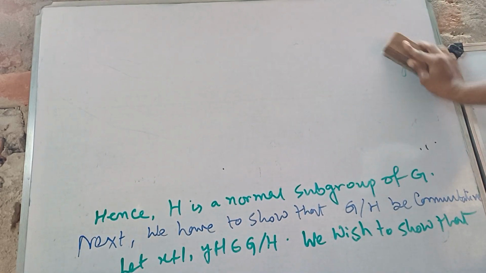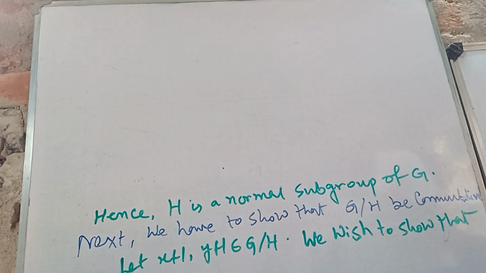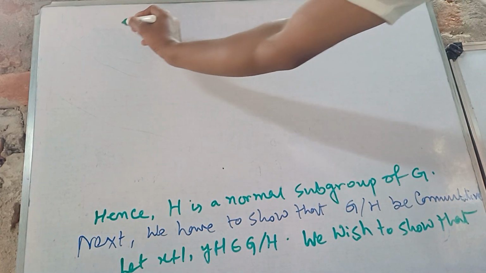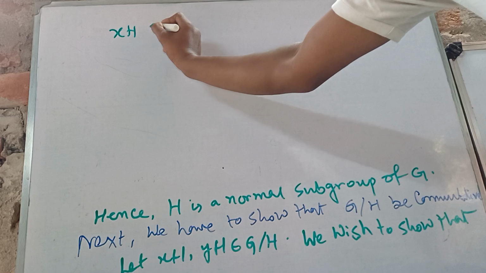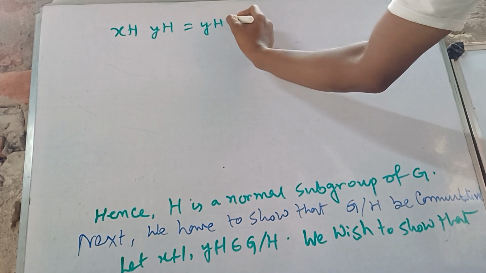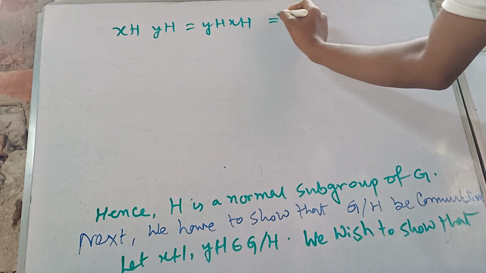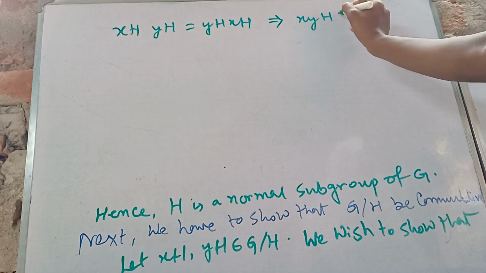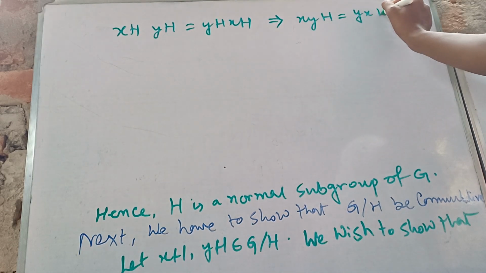Now we also discuss this portion. What we have to do? xH times yH equals yH times xH. This implies that xyH equals yxH.